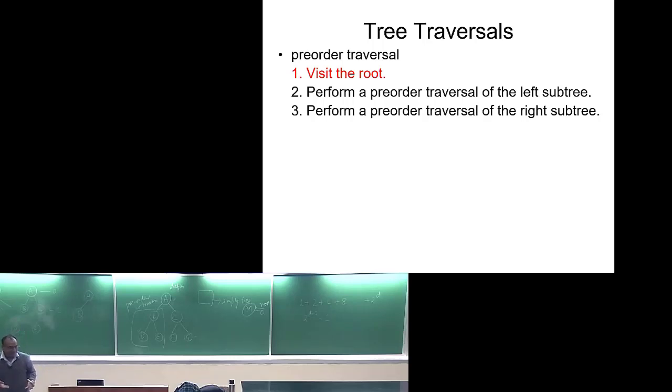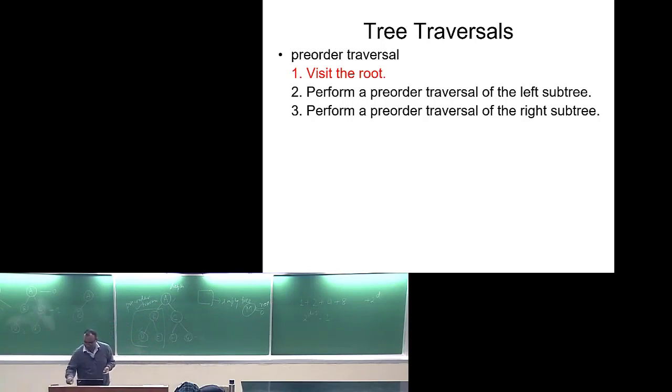But writing these traversal programs is fairly easy compared to doing them by hand. Why? Just because of recursion. It's so simple. We call it pre-order because we prefer the root first. We are preferring the root first, so that's the reason it is called pre-order.